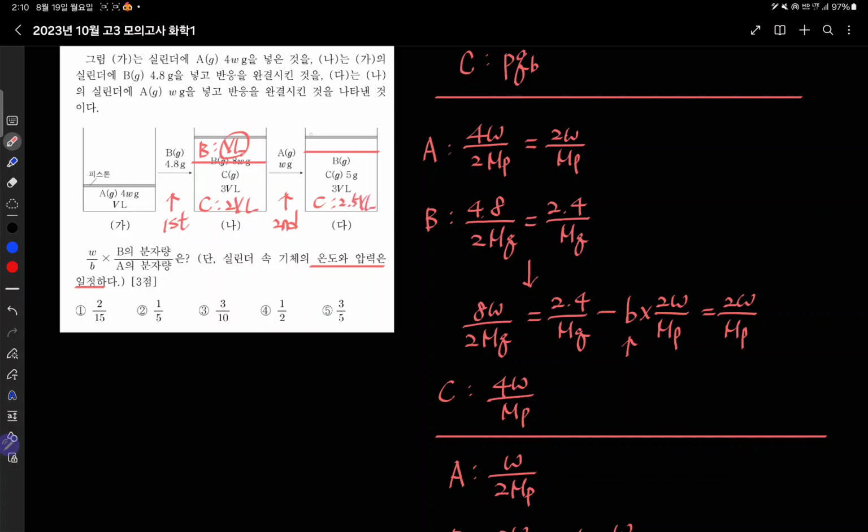And that means the amount of leftover in gas B molecule is 0.5 times V liter.